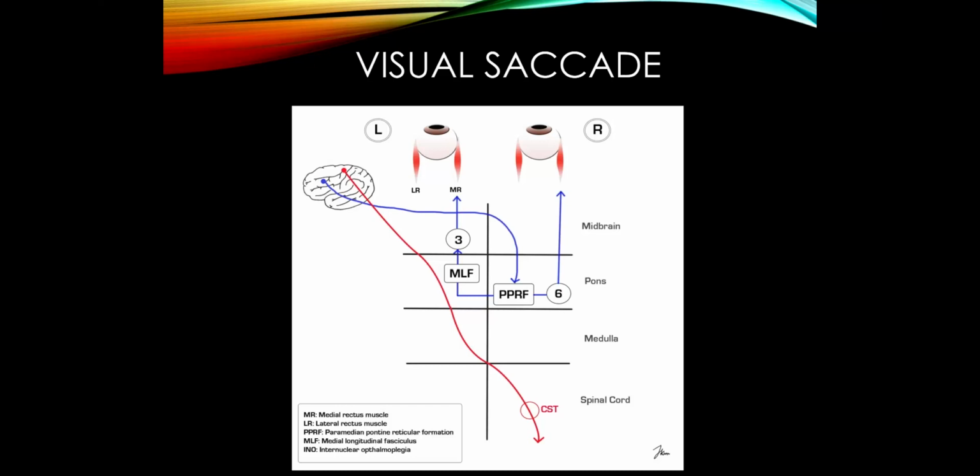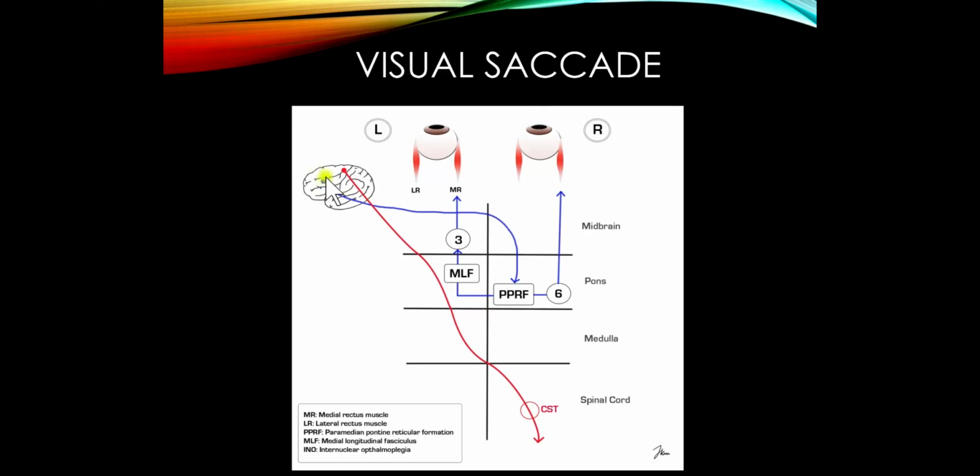Okay, so the big picture here is that the left brain, and notice where we are pointing here, this is the middle frontal gyrus, and so these are the frontal eye fields or the saccadic gaze center that we learned about earlier. So this area of the left brain normally wants to drive the eyes to the right.